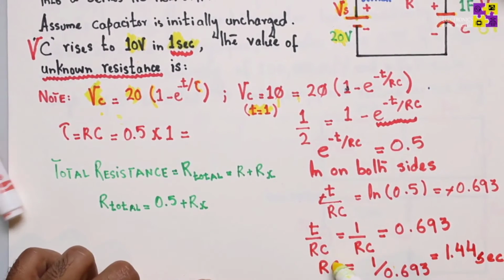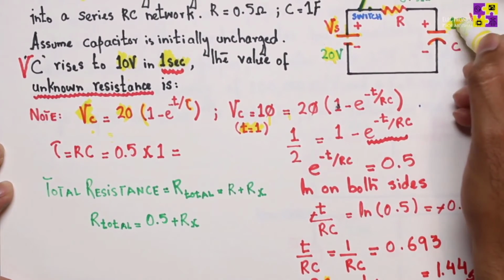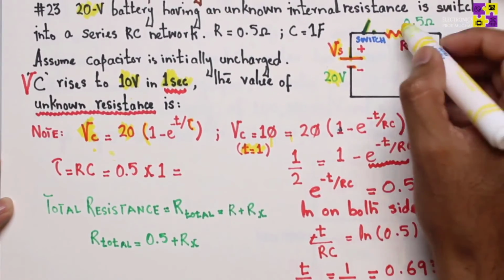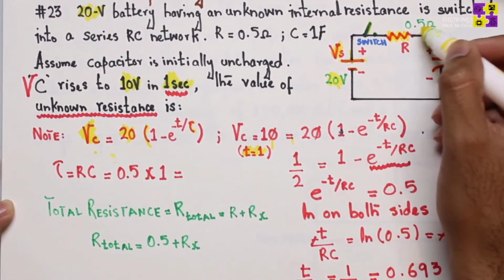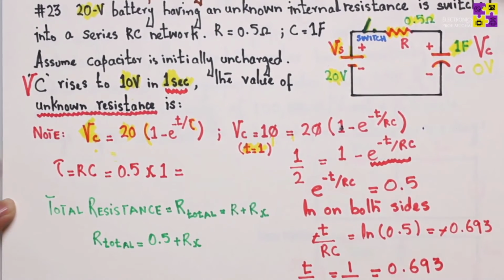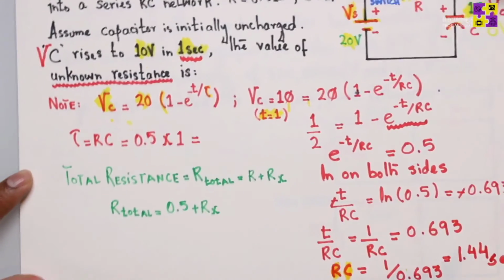The value of the capacitor is known, which is basically 1 farad. And this resistance R here is not just this resistance, which is 0.5 ohm. This R also includes the internal resistance of the battery, correct?